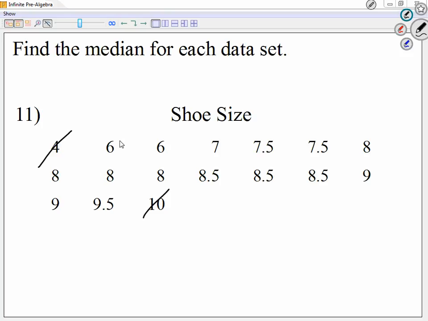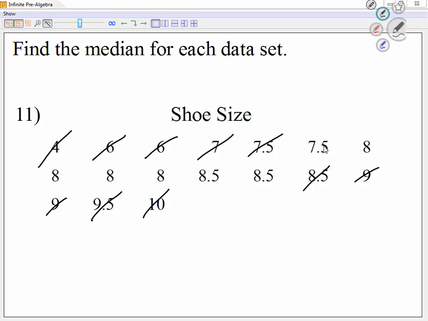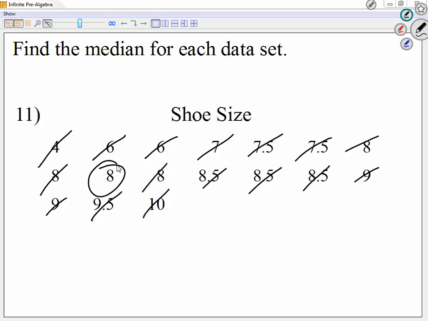So again, let me cancel the smallest and the biggest. And again, and again, and again, smallest and the biggest. If you're left with only one number, that's the median. That's the number in the middle.